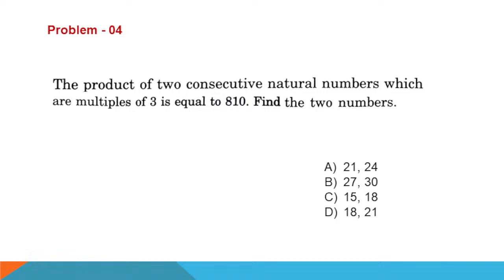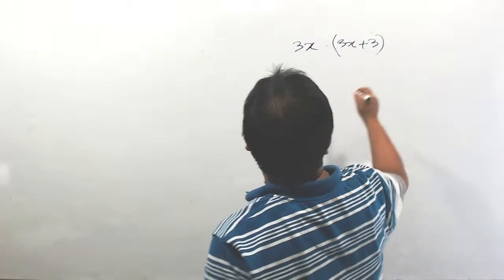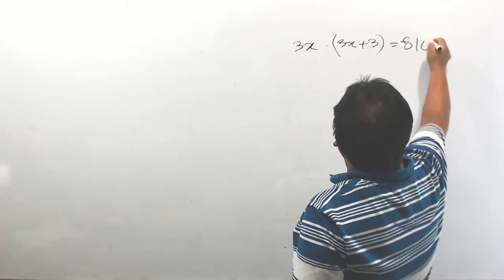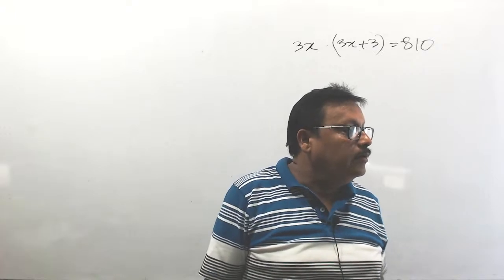Okay. So any number multiple of 3 you can write 3x. So next number will be what? 3x plus 3 and their product is given 810.